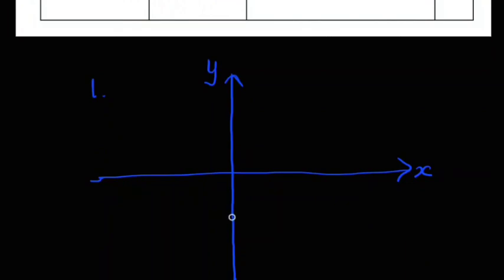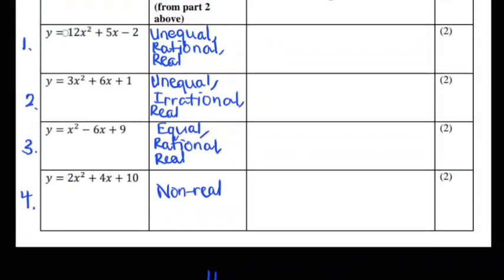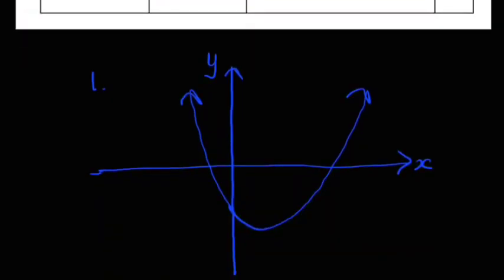So the graph is intersecting the y-axis, which -2 I'll take somewhere there. And if we draw our graph through that point, firstly, why am I drawing an upward smiley face graph? Because our a value is positive. It was +12. And here we can clearly see that our roots are unequal. They are at 2 distinct points.